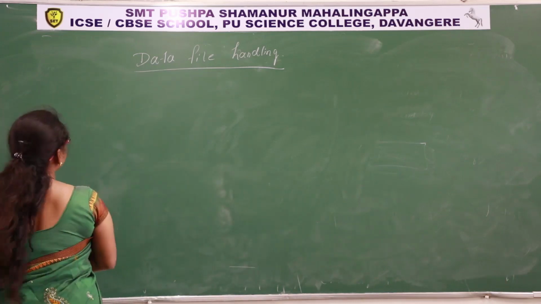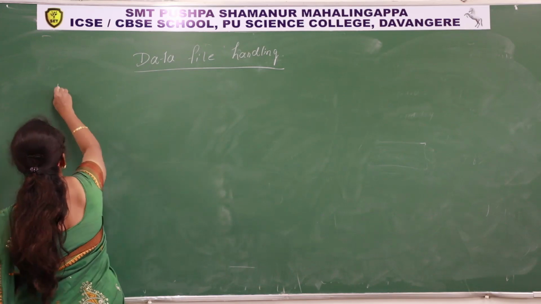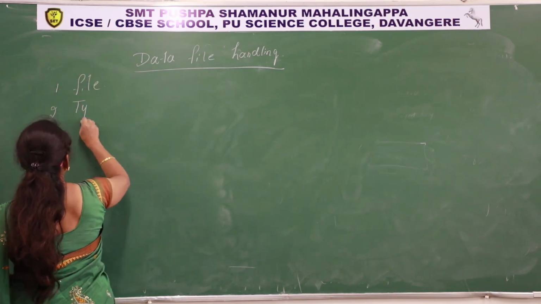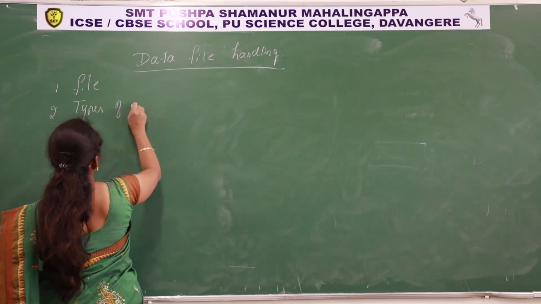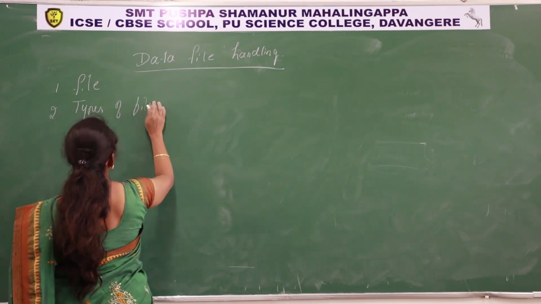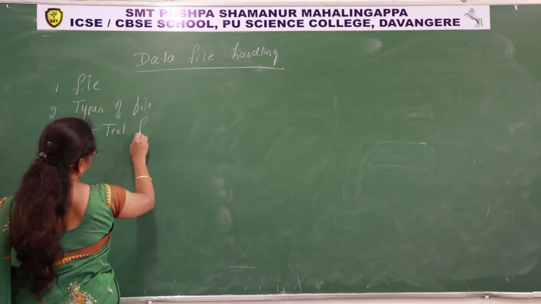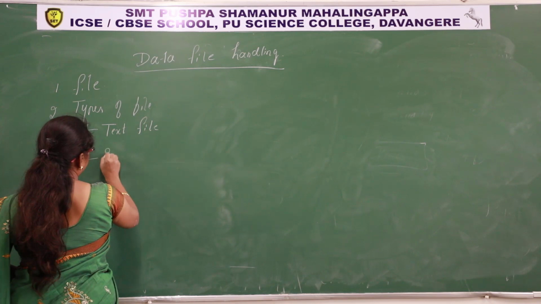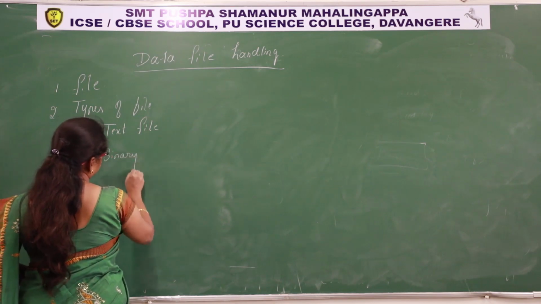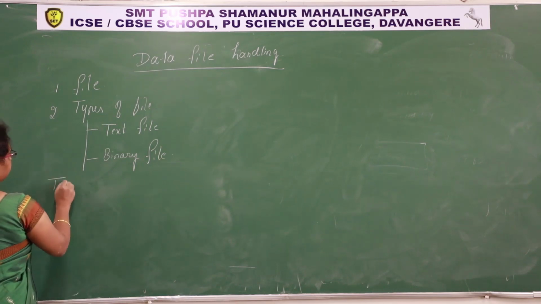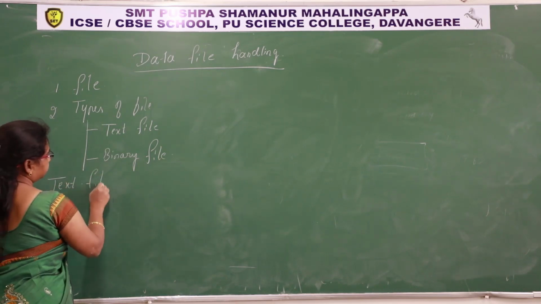Now let us understand the features of text files. First, file. Second, types of file. Types of files: text file, binary file. Let us understand text file first.